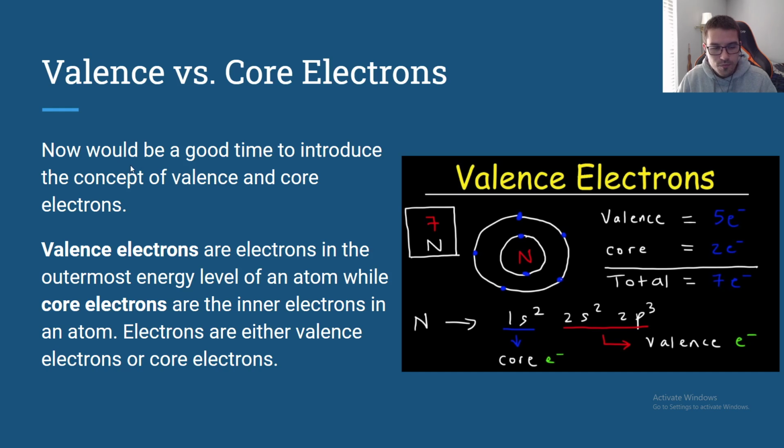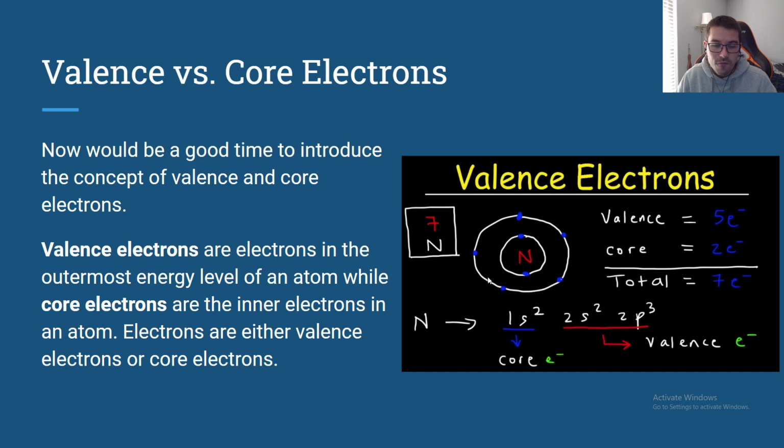There are two different types of electrons in any given atom, okay? There are valence electrons, which are the electrons in the outermost energy level of an atom, and there are core electrons, which are the inner electrons, okay? So if I look at this Bohr model here, the valence electrons are the 5 electrons here in the second energy level, the second ring.